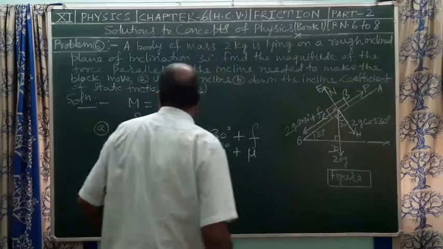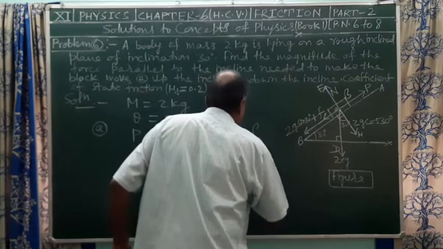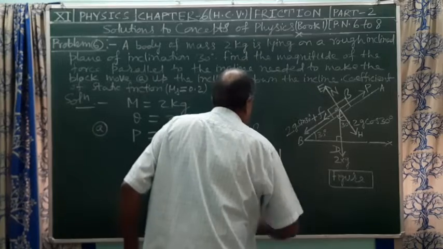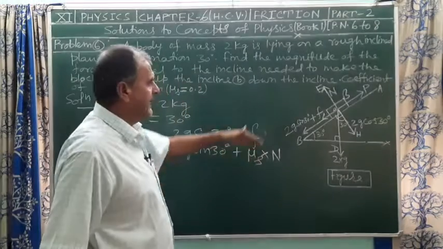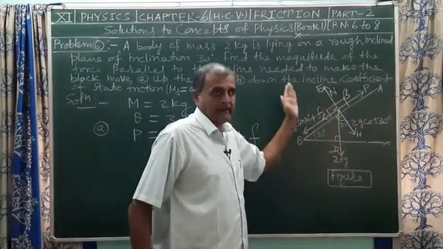Here coefficient of static friction is given as 0.2, so mu s is given here. Frictional force is mu s into n. What is n? N is the normal reaction of the inclined plane.